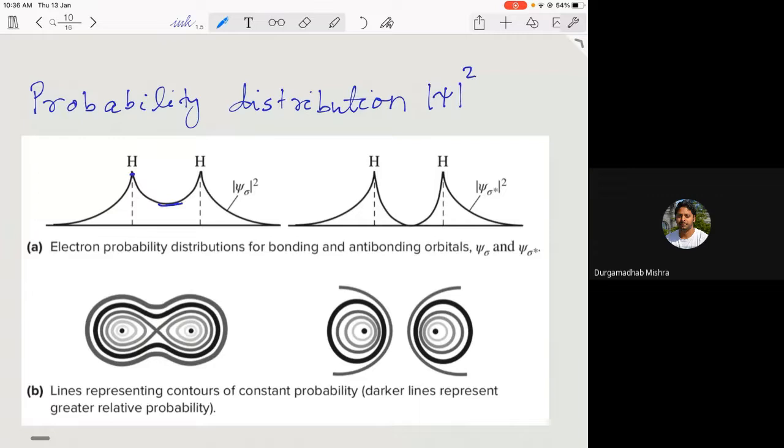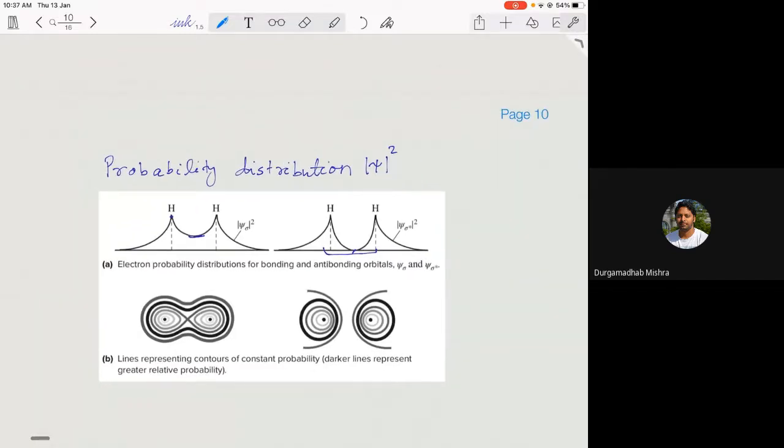In the case of the antibonding orbital, in the right picture here, the distribution is different, and you have a node, a zero probability of finding the electron at the center. That means there is no probability of the electron being shared between the two atoms. So this is about their wave function and probability distribution.